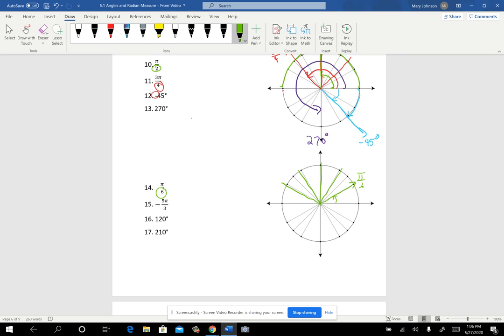All right. Now, 5 pi over 3 has a denominator of 3. So we want to look at breaking up pi into 3 equal pieces. And since that angle's negative, I'm going to break it up down here because I'm going to be rotating clockwise. Okay. So to go to 3 pieces, I'm going to look at these divisions. Let me think where the other one would be right here.